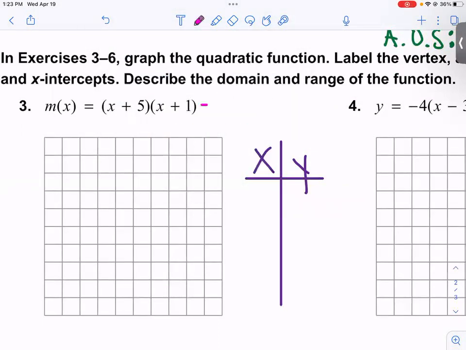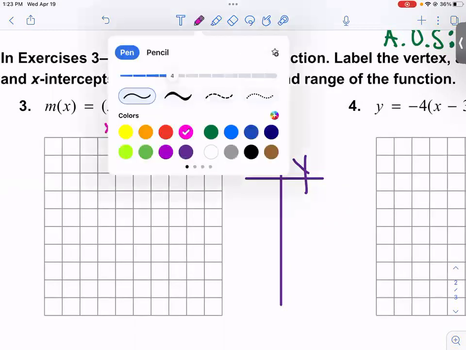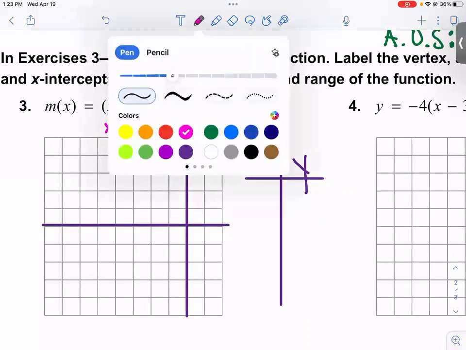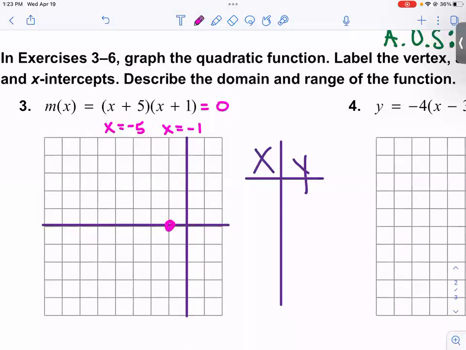If we set this equal to 0, this would give us x equals -5, and this one would give us x equals -1. Those points are (-5, 0) and (-1, 0).